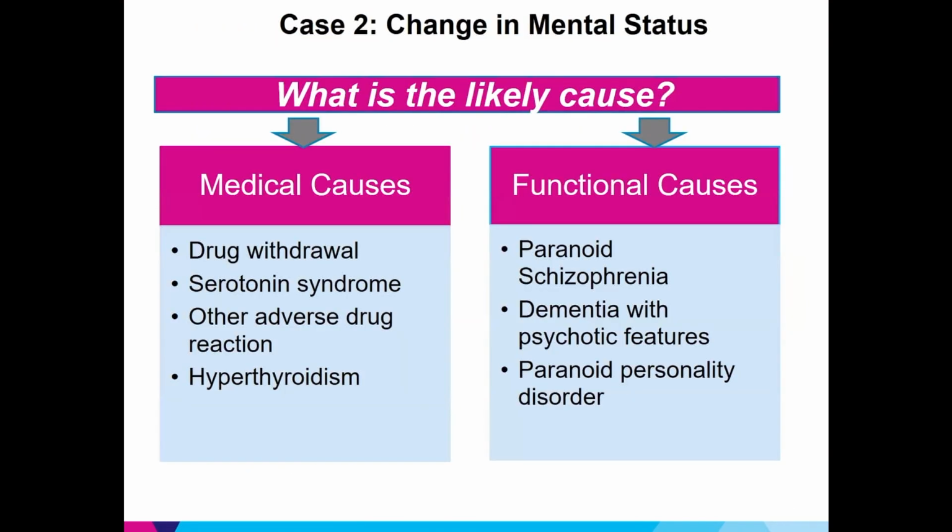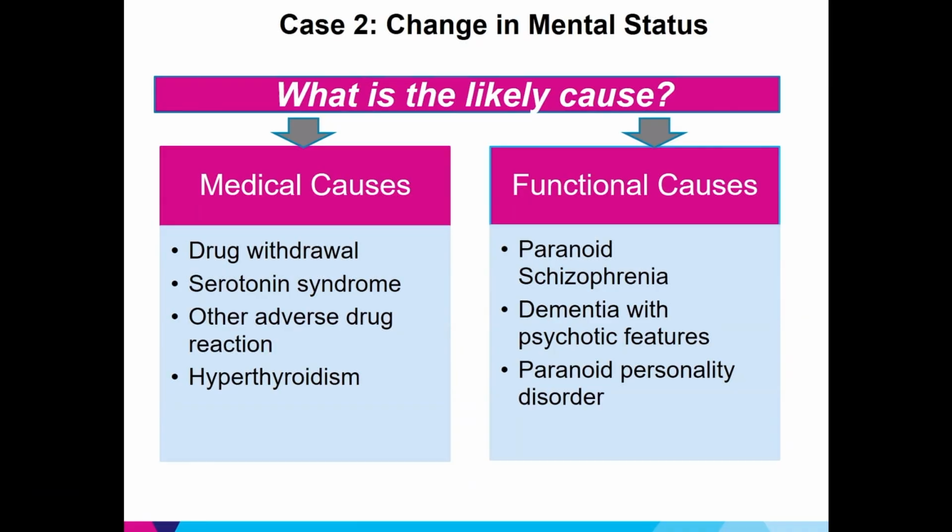As you consider what are the likely causes of this new change in mental status or this acute psychosis, it's important to differentiate organic or medical causes versus functional causes. Psychosis should be considered to be organic or non-psychiatric until proven otherwise. Listed here are a few diagnoses to consider, such as drug withdrawal, serotonin syndrome, or other drug adverse reactions, or hyperthyroidism.